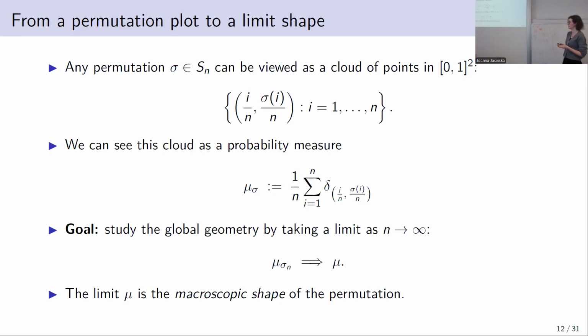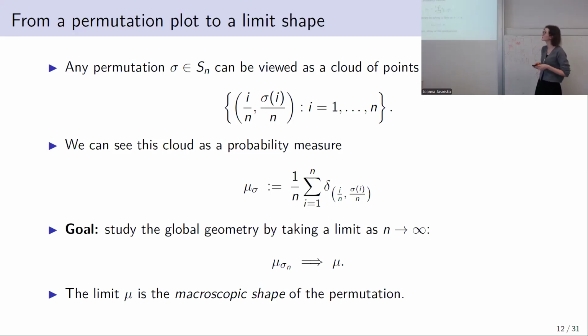It gives me some measure, and I can study the global geometry by taking a limit of the sequence of measures that I'm getting from my sequence of permutations. This is a bit like with graphons, right? This is the same idea. And the limit of the sequence of measures just gives me the macroscopic shape of a permutation. So if I take very big decks of cards and I zoom out, then this limiting measure tells me how huge permutations look from a distance.